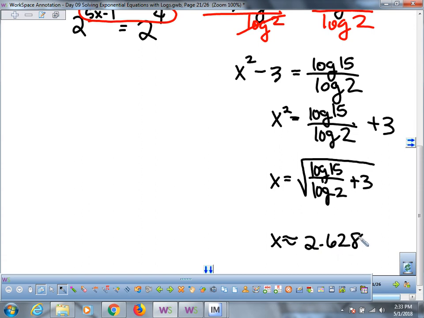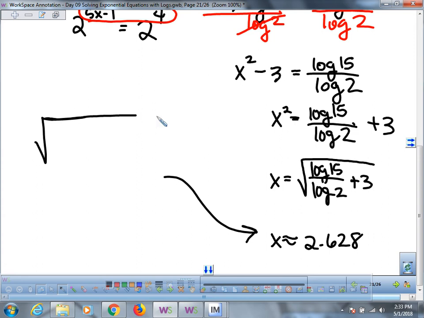This is how I got this answer right here. I put a square root. When you put the square root, it automatically puts a parenthesis. I put log, it gives you a parenthesis. You put 15 in, you close the parenthesis. Divided by log, it's going to give you a parenthesis. You put a 2 in, you have to close the parenthesis.